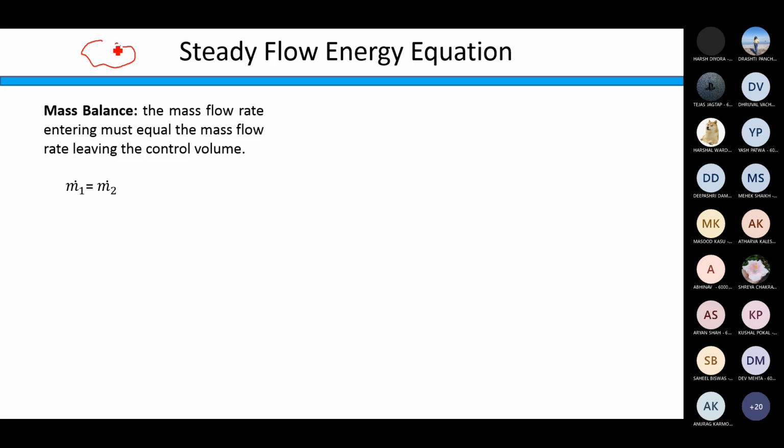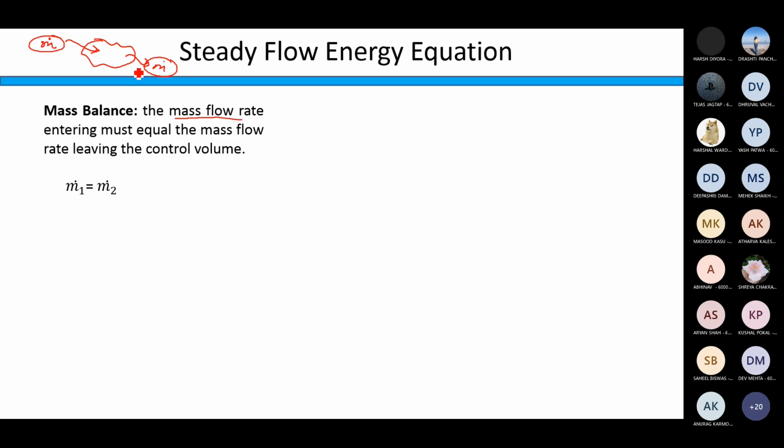If you have a random system like this, the mass entering per unit time is nothing but the mass flow rate. So the mass flow rate entering the system and the mass flow rate leaving the system, m dot, must be balanced. I have only one inlet, that's why I have written m dot, and one outlet, so it is m dot.